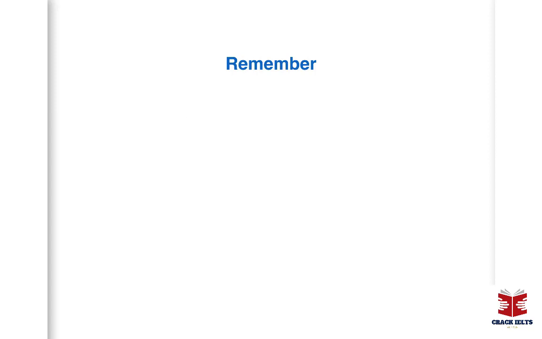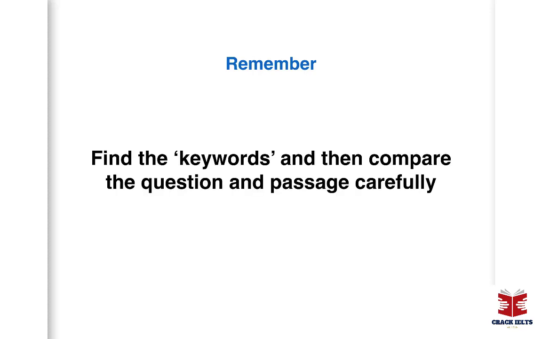Okay, two more quick things to remember. The first one is the main technique. Find the keywords and then compare the question and passage carefully. That's how we found all the answers for the examples.